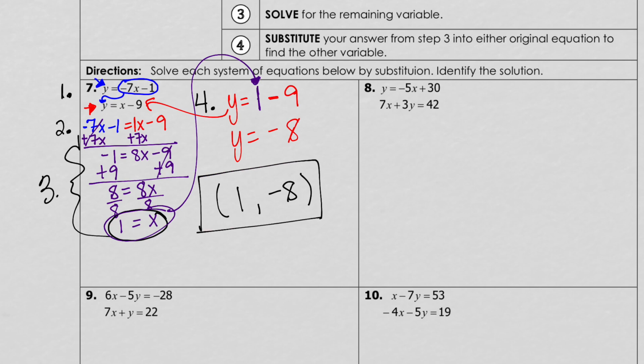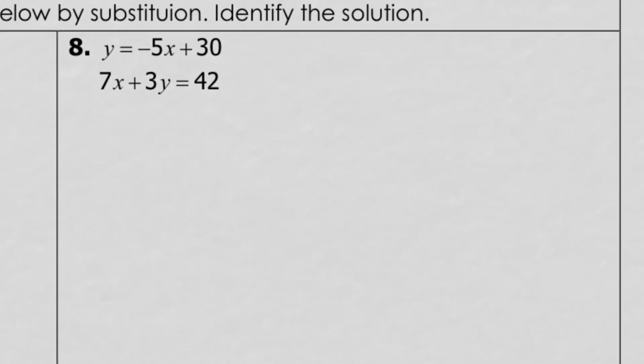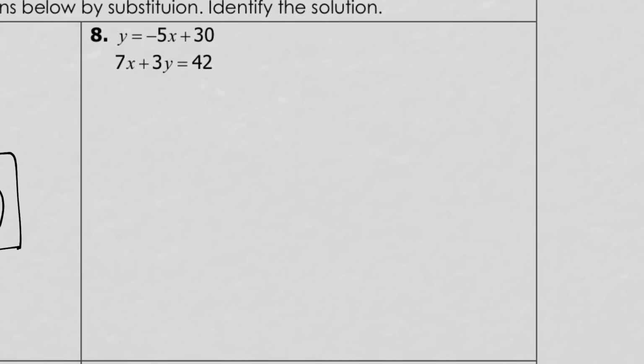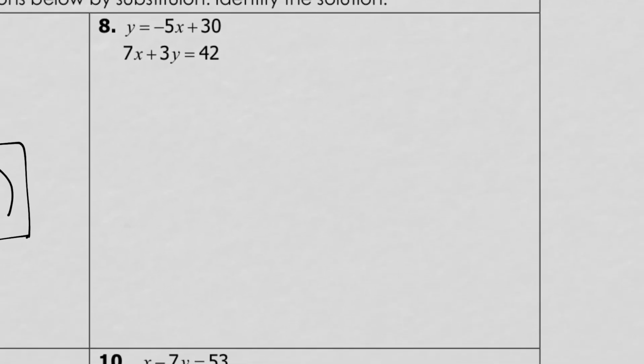Let's do another one. Let's do number 8. Okay, so step 1 was to see if anything is already solved for a variable. If it's not, we need to solve one of them for a variable. Is the red or the blue solved for a variable already?